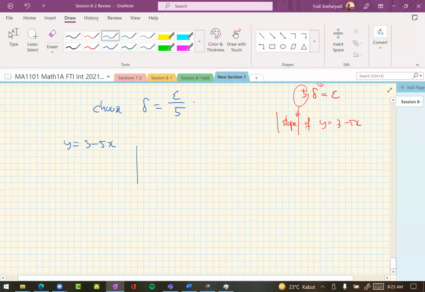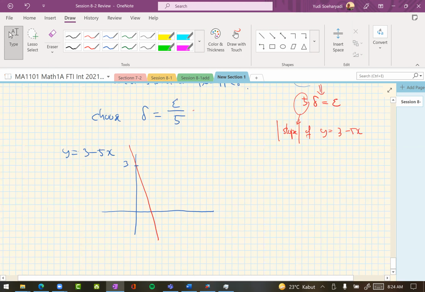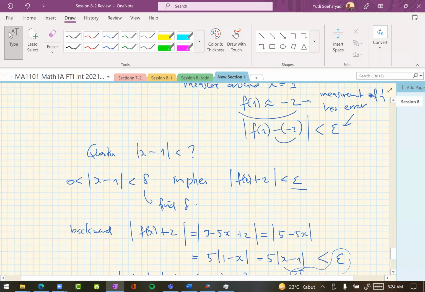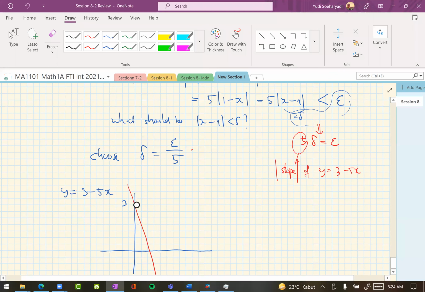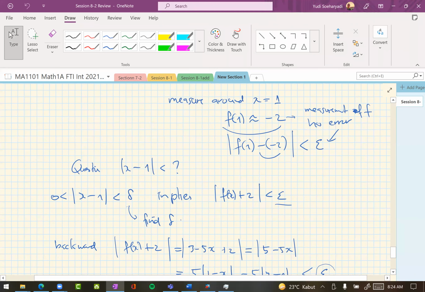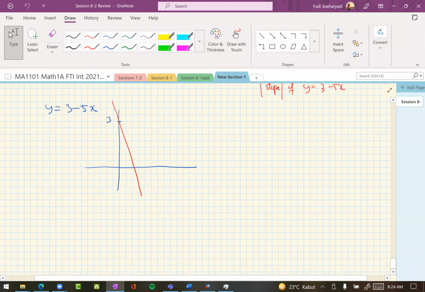So the picture looks like this one. f of 1 is minus 2.